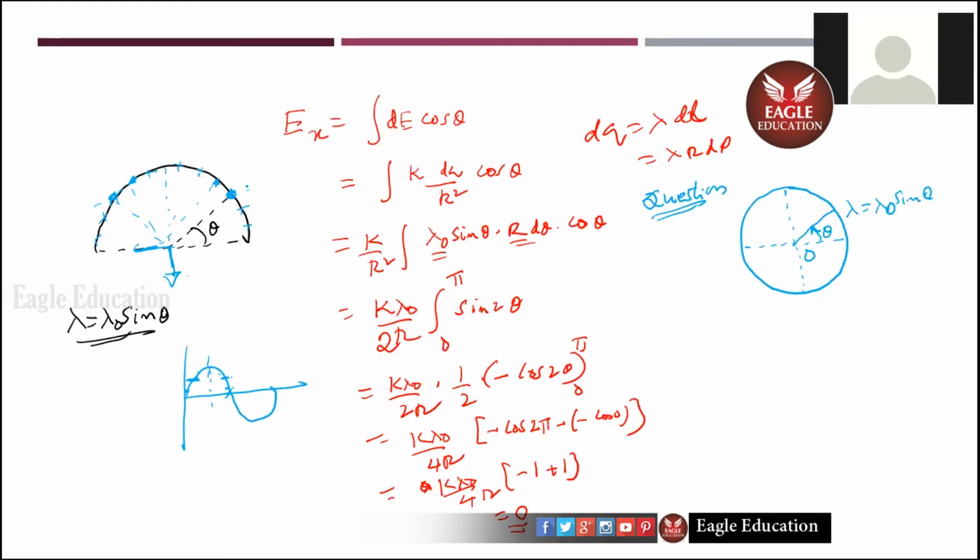Now lambda is changing. It was a semicircle before. Here, a circle means 2 semicircles. One resultant is down, another resultant is up. Won't they get cancelled, sir? Tell me now. Sir, is the answer 0 again? The answer is 0, according to Sai Bharat. Is it correct? No.